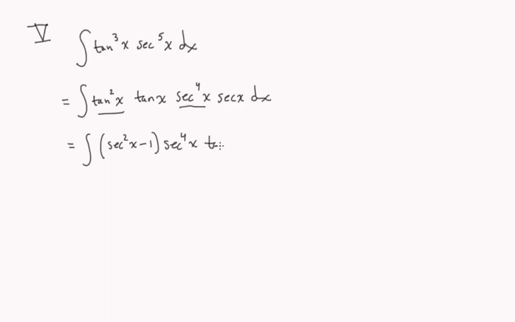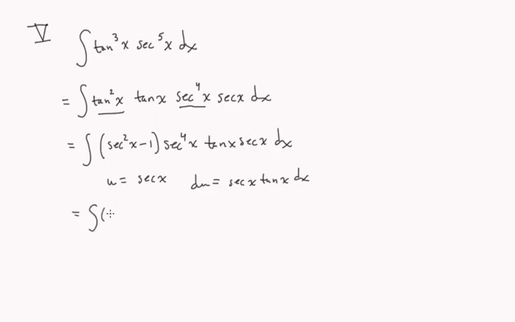Then I still have tan x secant x dx. And we will say here, let u equal the secant of x. Du is going to be secant of x tangent of x dx. And you see that this quantity here cancels out, and we're all in terms of secant.